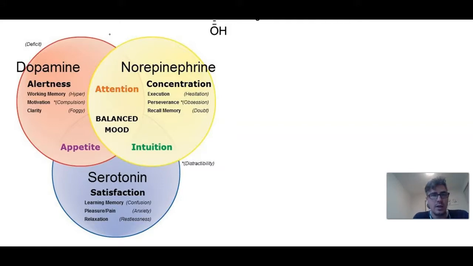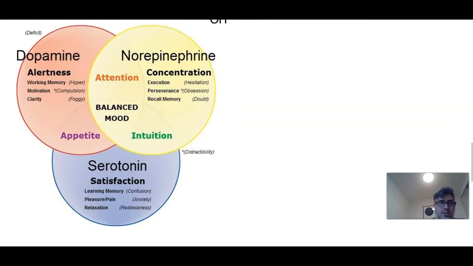You've got serotonin down here with memory, pleasure, pain, relaxation, and norepinephrine is execution, perseverance, recall memory, and the three kind of come together to work together as well. So that's an interesting use of them.